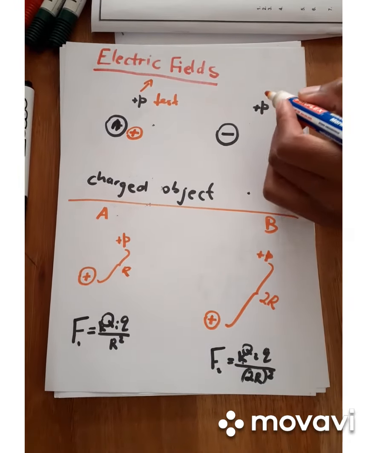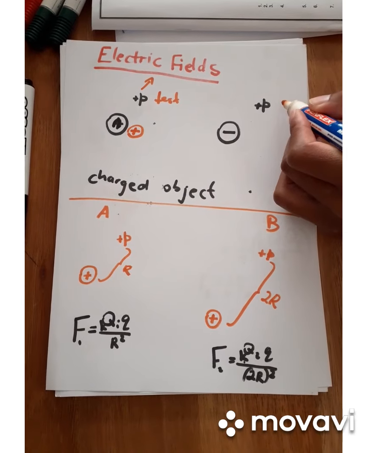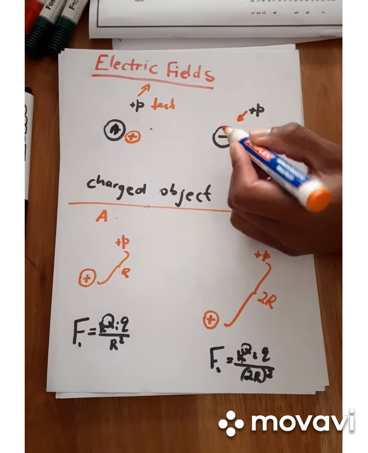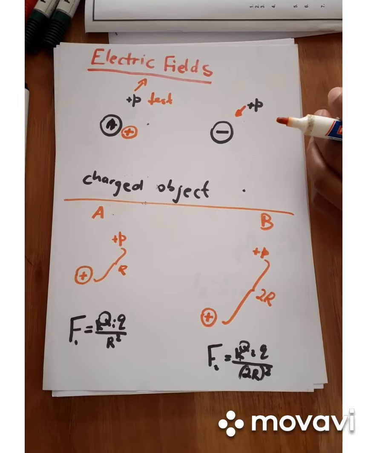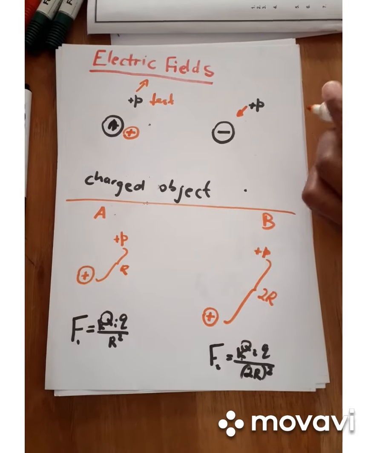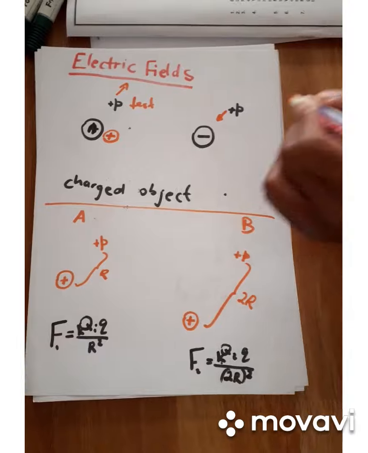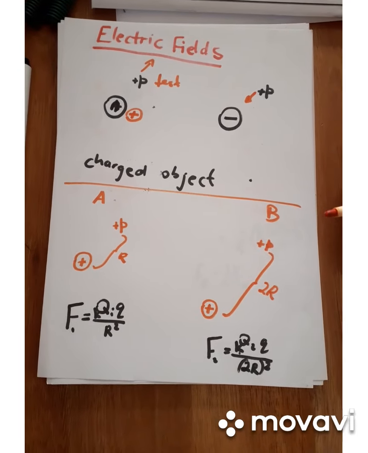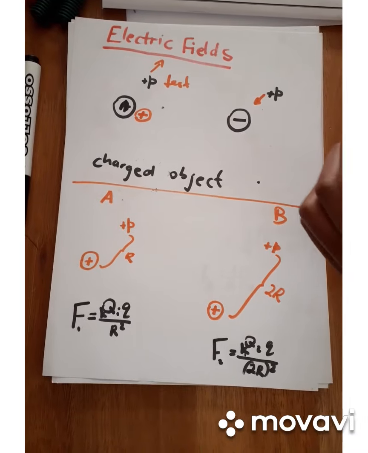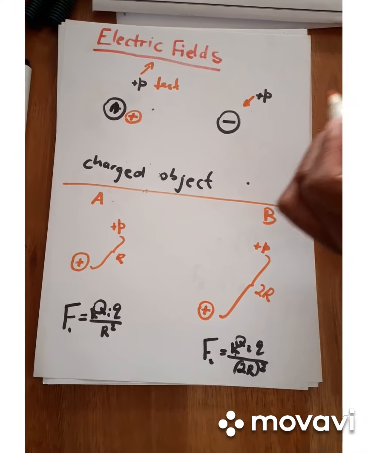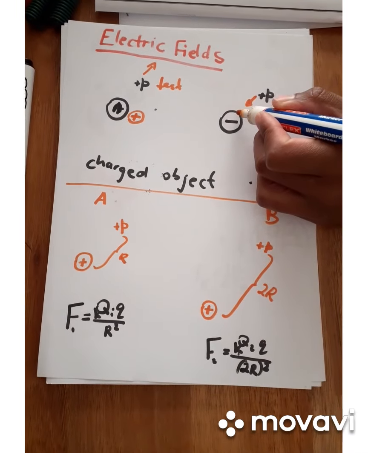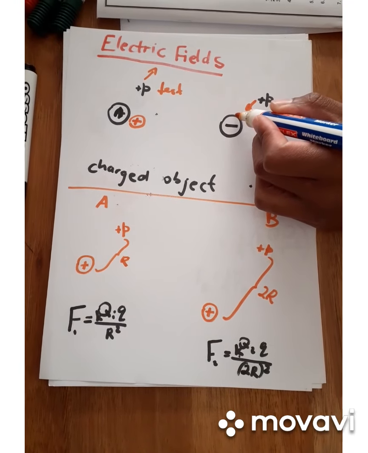Then if you place the very same charge next to another charge and it moves towards that charge, it simply means the charge is negative. Why? Because unlike charges attract. Interestingly enough, we don't have to place it in contact with this one.